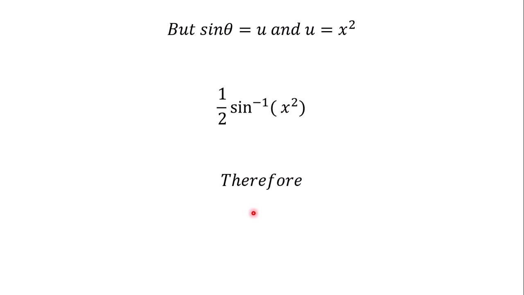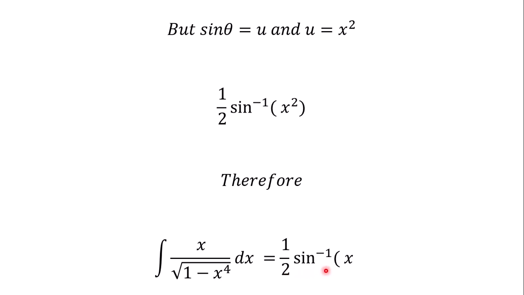Therefore, the indefinite integral of x over the square root of 1 minus x raised to the power 4 is equal to 1/2 sine inverse of x squared plus c.